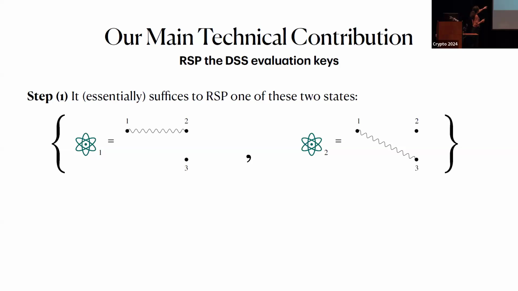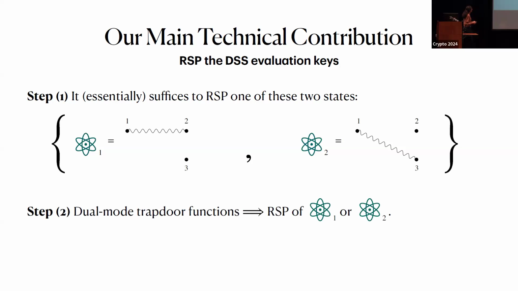Each of these states is a 3-qubit state, and the first state has qubits 1 and 2 entangled, and the second state has qubits 1 and 3 entangled. And we show that we can get a remote state preparation for this family of states using dual mode trapdoor functions. I won't say anything about the proof of step 1, but I'll try to give some intuition for why dual mode trapdoor functions are useful in step 2.